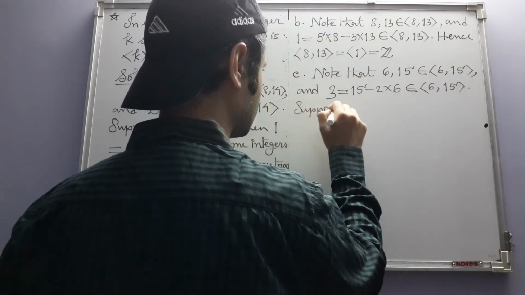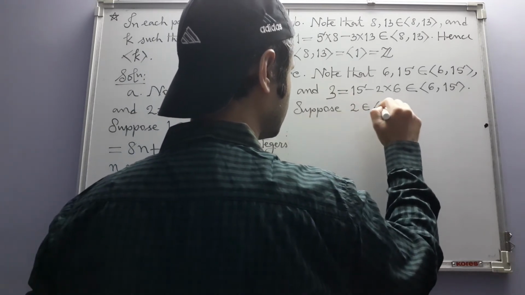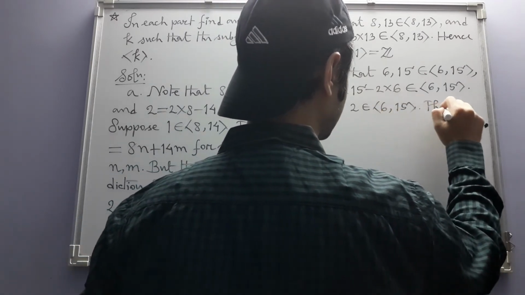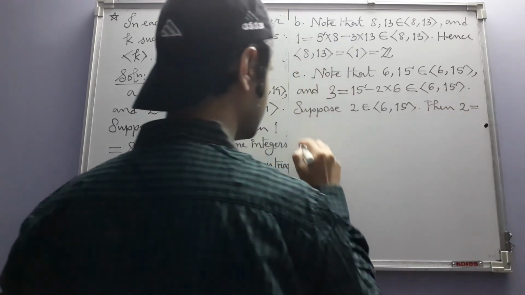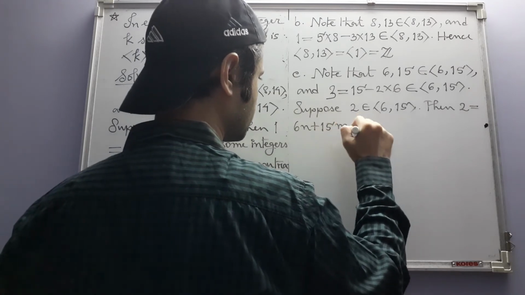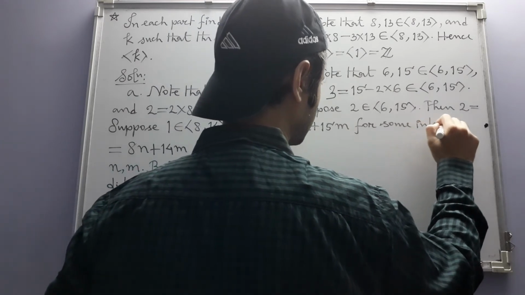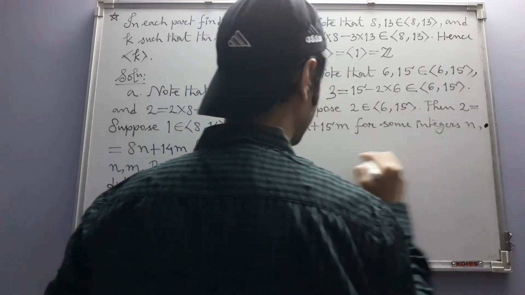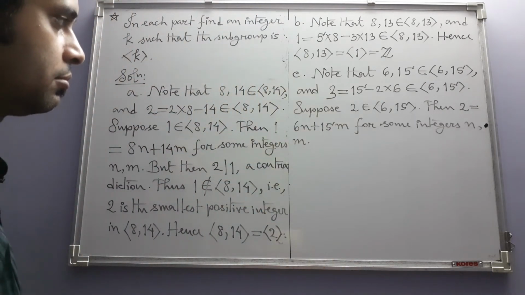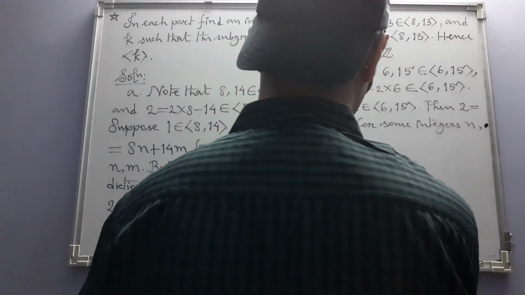Suppose 2 belongs to the subgroup generated by 6 and 15, then 2 is equal to 6n plus 15m for some integers n and m. Okay, 2 is equal to 6n plus 15m.